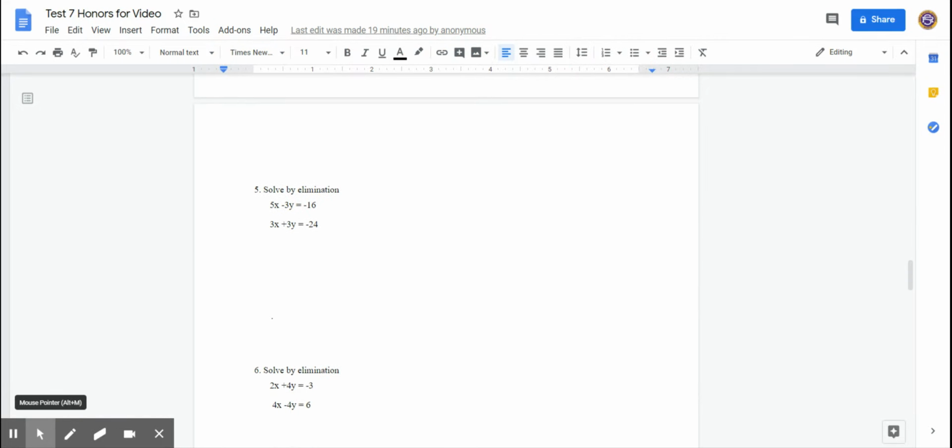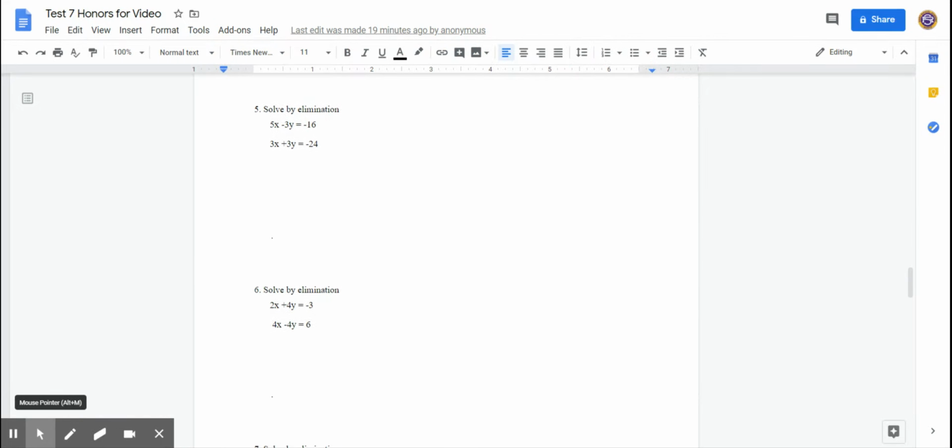Now the next set of problems are solved by elimination. That's when you're going to add the two equations to eliminate one of the variables. And if you can't add the two equations and eliminate one of the variables, that means you have to multiply one or both of the equations in order to make those coefficients of one of those variables opposite numbers, so that when you add them, they are eliminated.